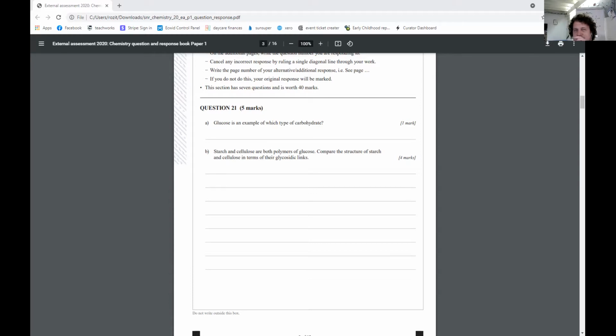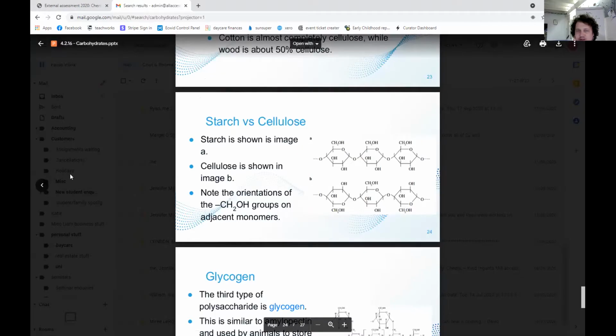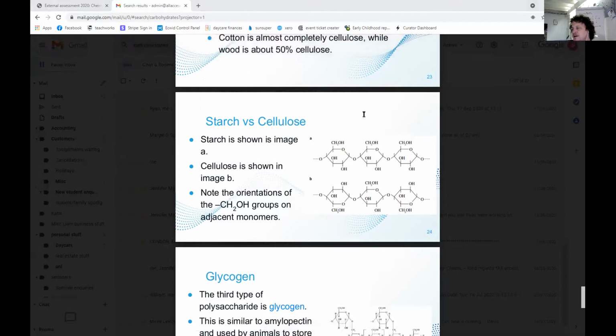So a full mark if you drew something like this. Can you see the starch versus cellulose image there? So you can talk about the orientation of the CH2OH groups on the monomers. Starch, they're all the same side. Cellulose, they are alternating.